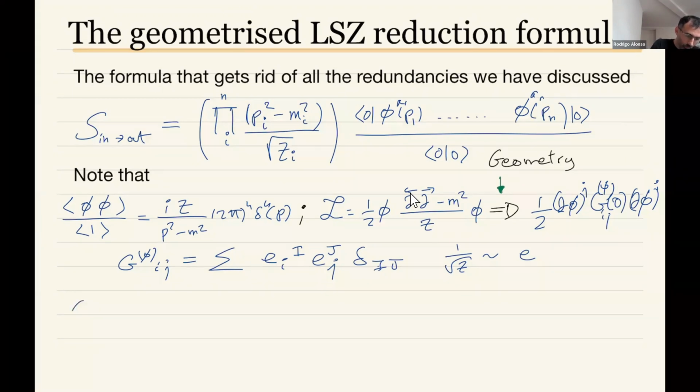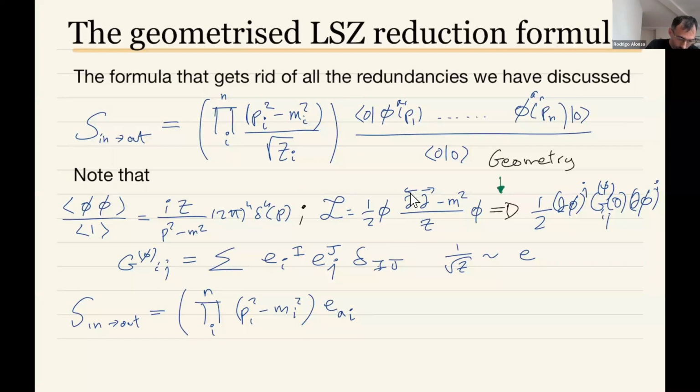Let's see. That will be the product of p_i squared minus m_i squared, times 1 over the square root of Z. That will give us the vierbein, E sub A_I, where I runs from 1 to n. Some of these particles will be incoming, some of them will be outgoing.